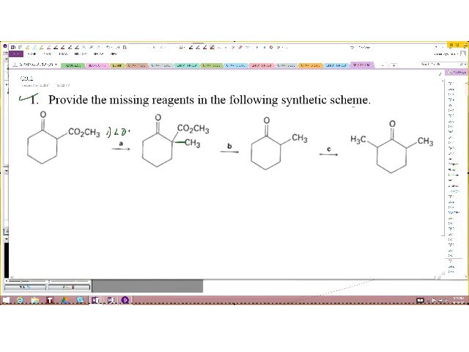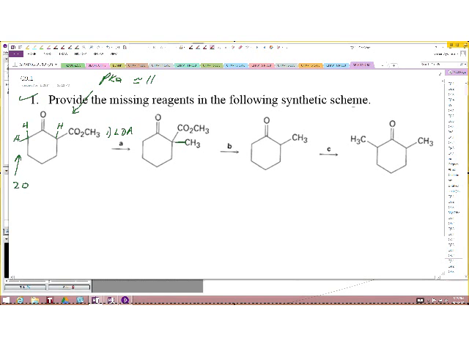Okay, so the first thing we do is form the enolate using lithium diisopropylamide, LDA. And once we form the enolate, it will be on this carbon here, abstracting this hydrogen here, because the pKa value for this hydrogen is about 11, whereas the pKa value for this hydrogen here is about 20.